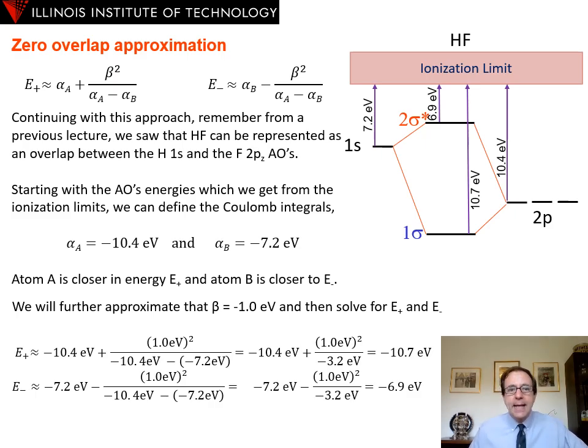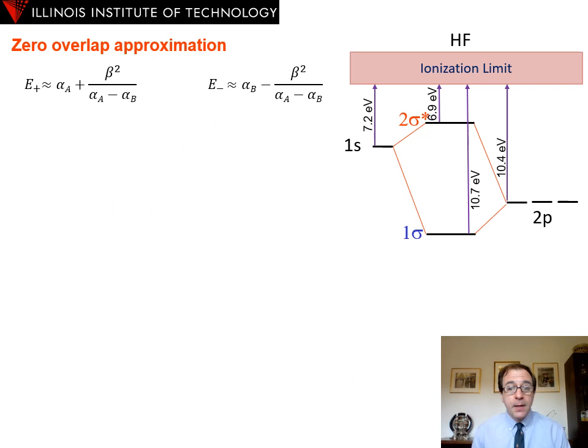Okay, so that's how we calculate the energies using the zero overlap approximation from the secular equations. Okay, I should have mentioned on the previous slide, if we look at the denominator in both of these equations underneath the beta squared, that is the difference between the Coulomb integrals of each of the atomic orbitals.